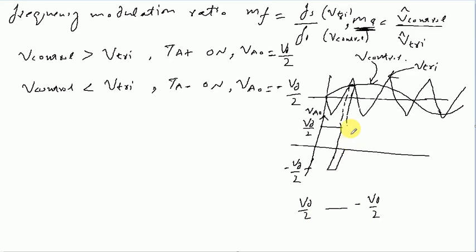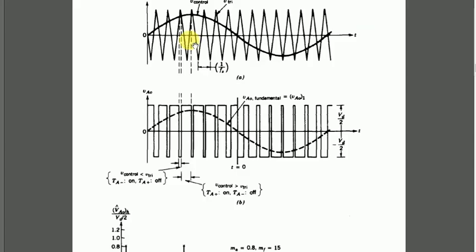Now let us see it more clearly in the book. Here is how it is happening, with the same conditions that I just described. When the control signal is greater than the triangular wave, they have shown it for this particular duration. You can see that the control signal is greater than the triangular wave between these two dotted lines, so the output is equal to plus Vd by 2.